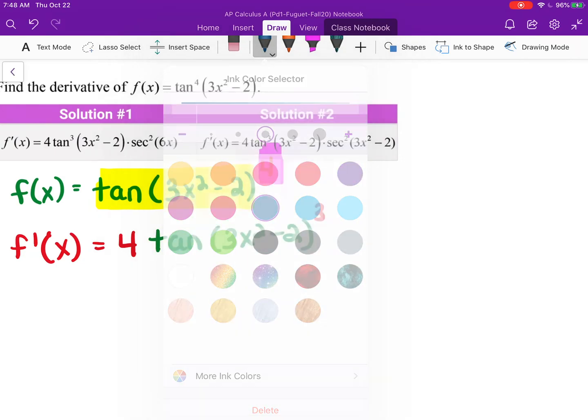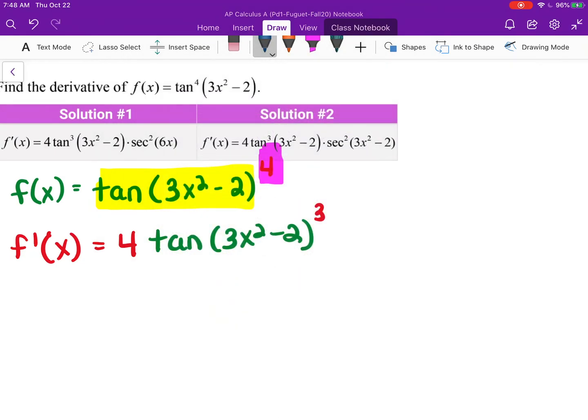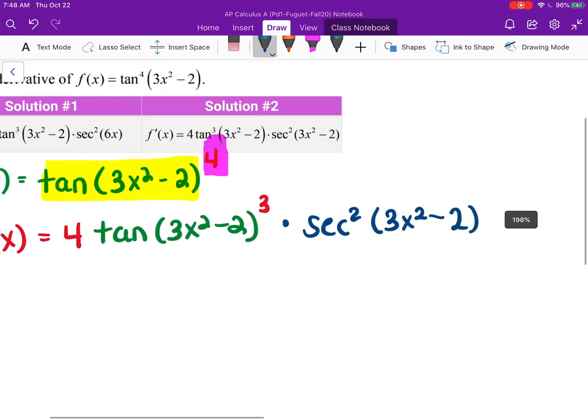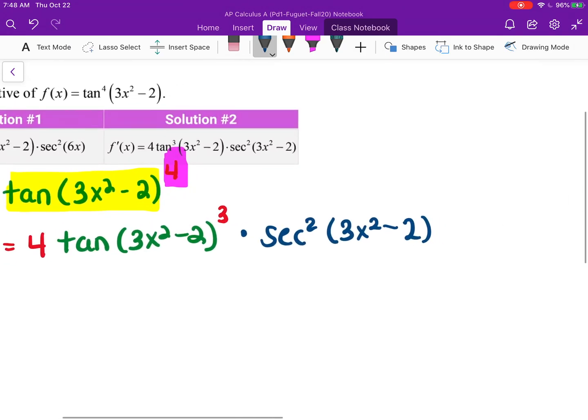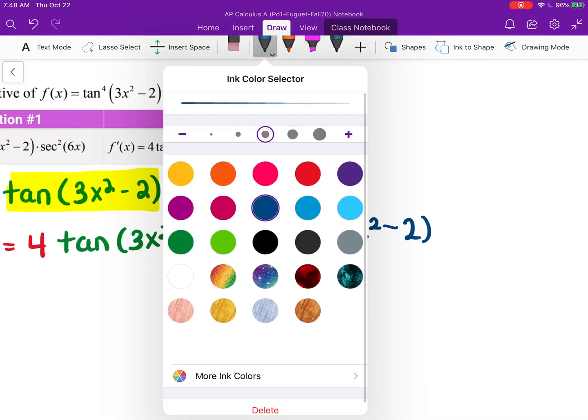The second part says now take the derivative of the inside, the one I have highlighted in yellow. So the derivative of tangent 3x squared minus 2. The derivative of tangent, we know that's secant squared of 3x squared minus 2. But now you want to be careful.